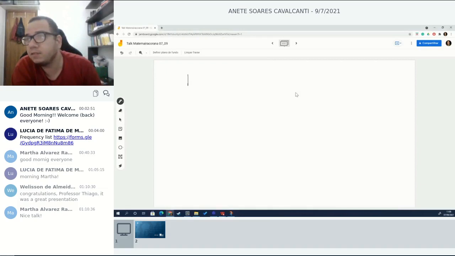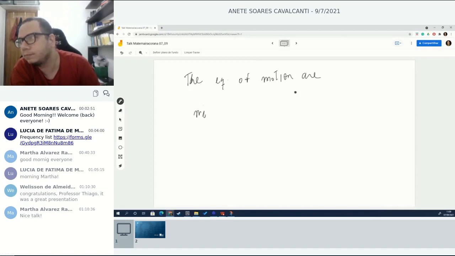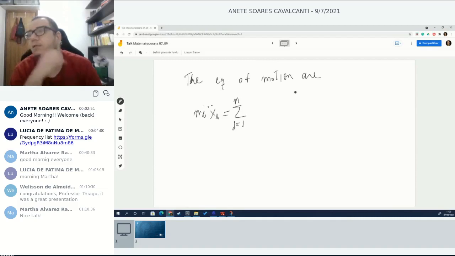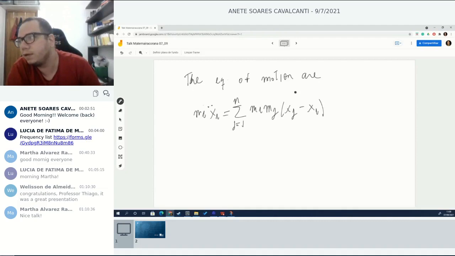Then the equations of motion are m_i times x_i double dot equal to the sum over j equal 1 to n of m_i m_j (x_j minus x_i) times r_ij up to 2a.